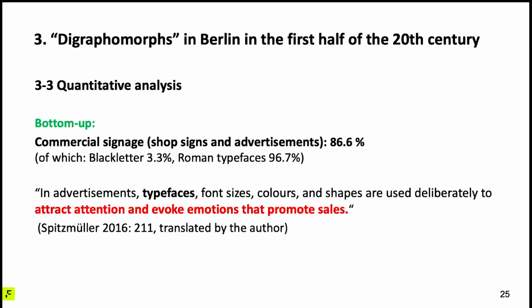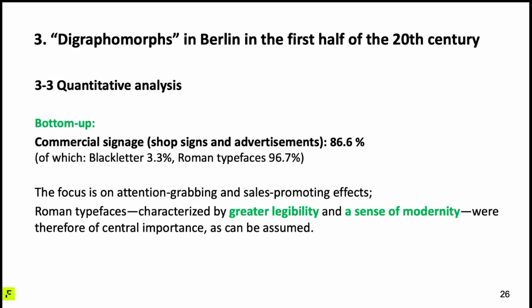According to semiotics, in advertisements, typefaces, font size, colors, and sheets are used deliberately to attract attention and evoke emotions that promote sales. Here, the focus is on attention-grabbing and sales-promoting effects. Roman typefaces, characterized by greater visibility and a sense of modernity, were therefore likely the choice required in commercial signage.